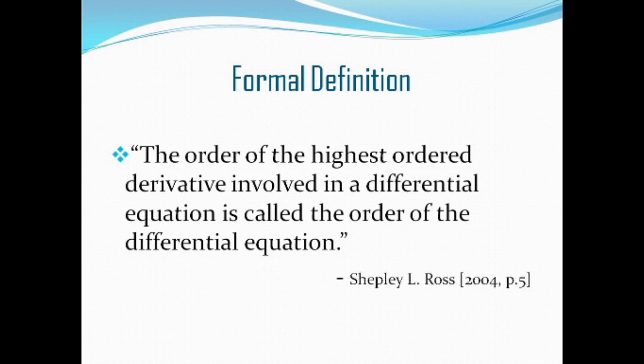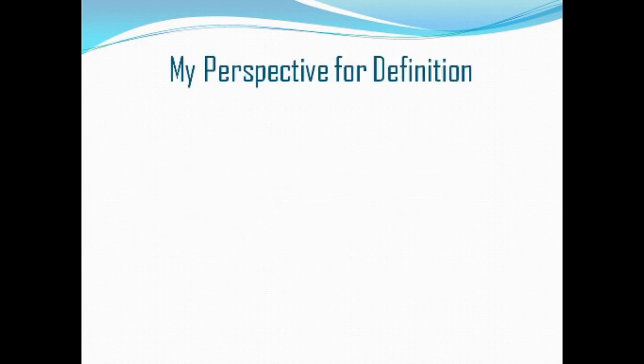That is, whatever be the order of the highest order derivative in a differential equation, that will give the order of that differential equation. And what I think about this order, now I will tell you about that perspective.